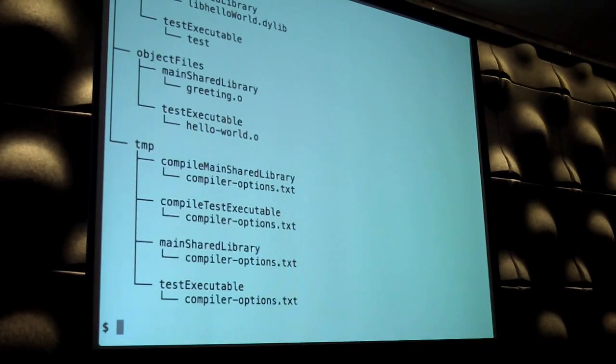So let's have a look at what it did there. So it's produced our lib hello world shared library and our test executable and all the intermediate stuff it needed.